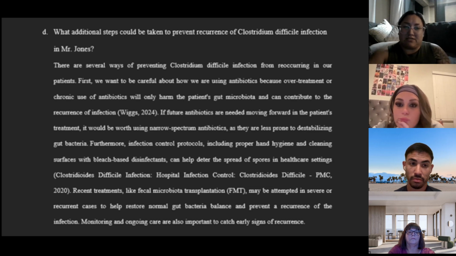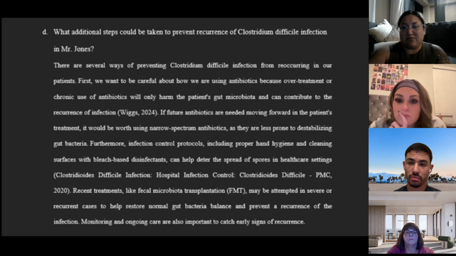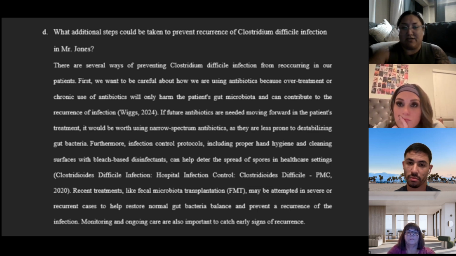If future antibiotics are needed moving forward in the patient's treatment, it would be worth using narrow spectrum antibiotics as they are less prone to destabilizing gut bacteria. Furthermore, infection control protocols, including proper hand hygiene and cleaning surfaces with bleach-based disinfectants, can help deter the spread of spores in healthcare settings.